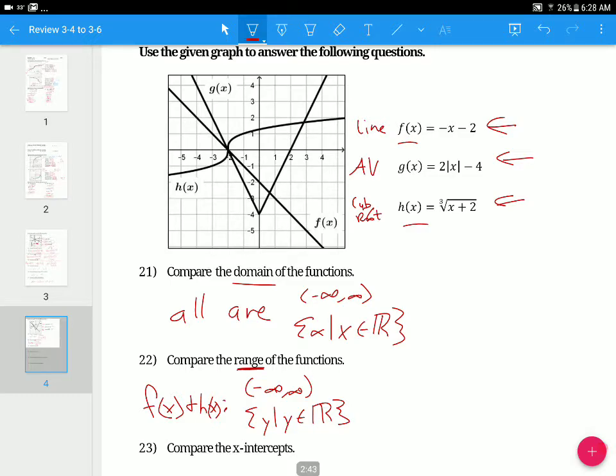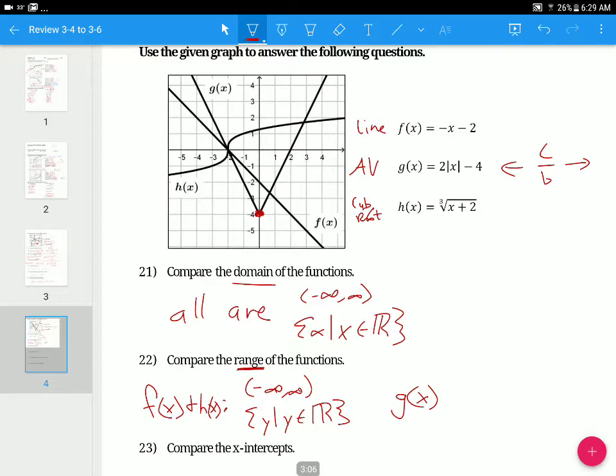G of x, that's your absolute value. Okay, so you can either look at the graph or you can look at your chart. Your chart says it's from C over B, and then it either goes to positive infinity or it goes from negative infinity up to that C over B. You want to find the lowest point or the highest point.